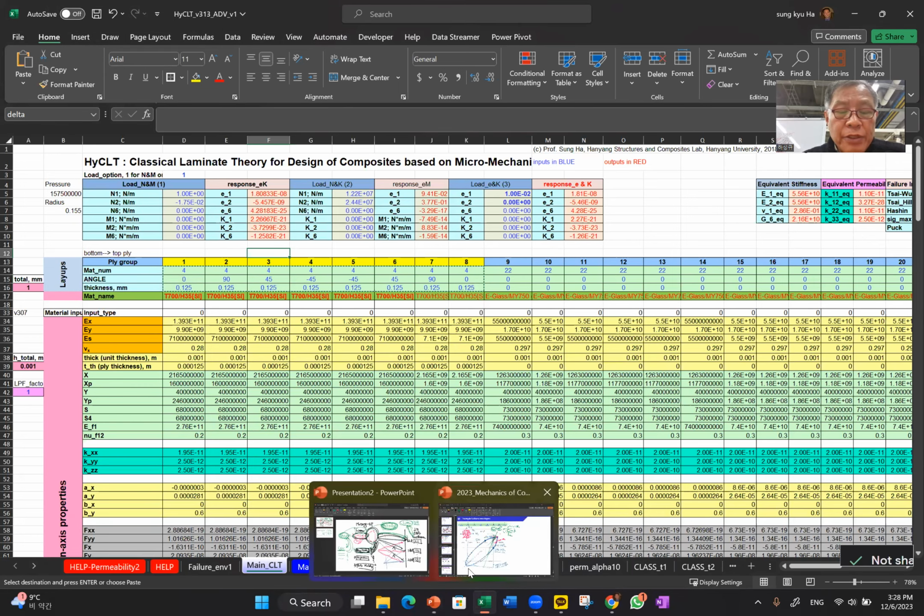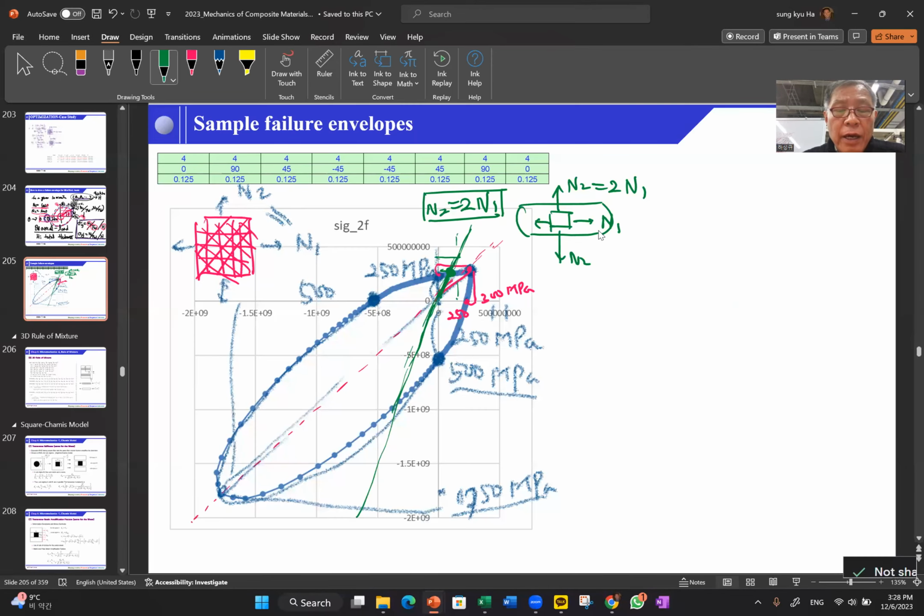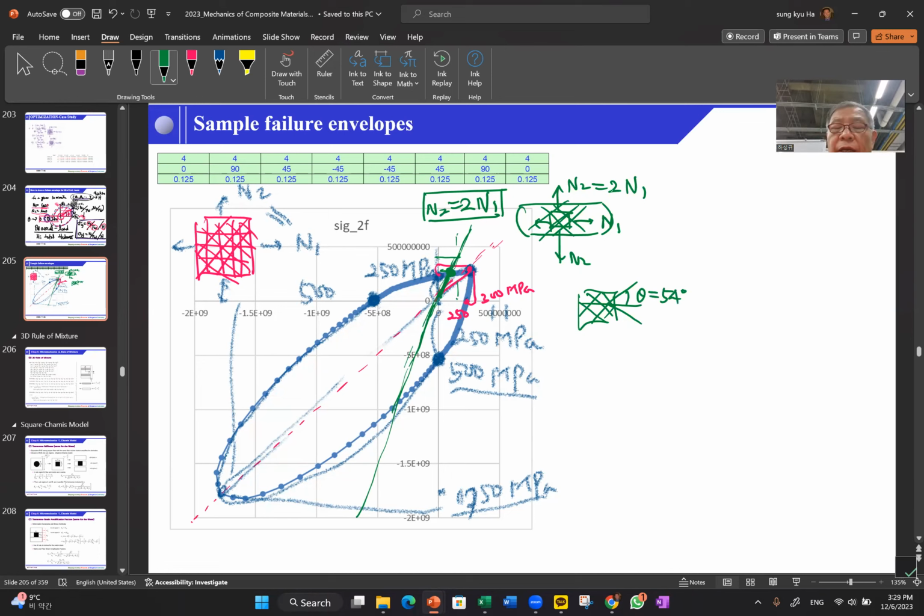Last time we observed that for the high pressure vessel case, when we consider this kind of biaxial load like this, say this is the angle theta, about 54 or 55 degrees, 54 degrees was giving us the best.